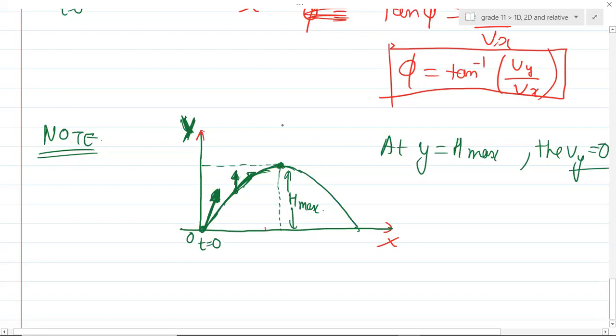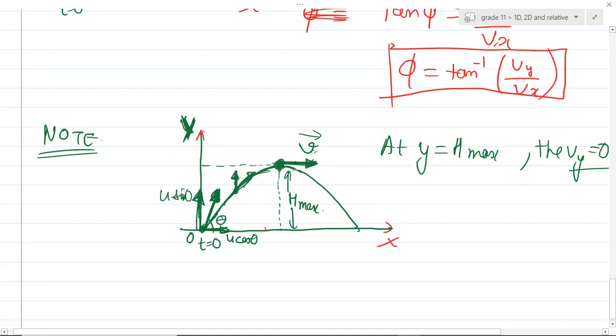When the vertical component becomes 0 and you draw the v vector, can you see the v vector over here? This v vector is completely horizontal, right? Do you know how to draw the tangent at this point?